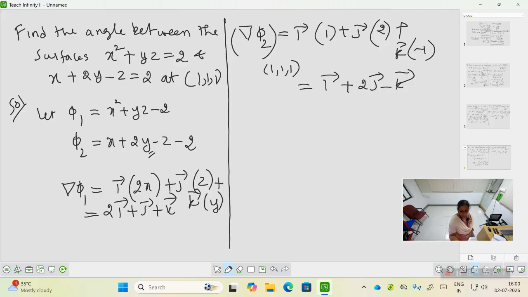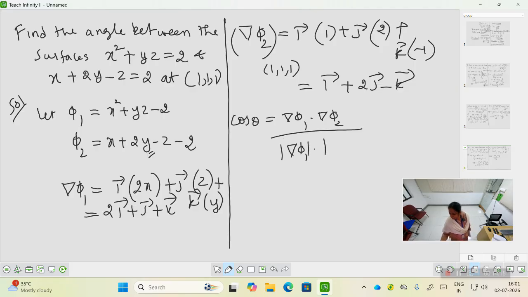Now I'll go to the formula: cos theta is equal to del phi 1 dot del phi 2 divided by modulus del phi 1 times modulus del phi 2.